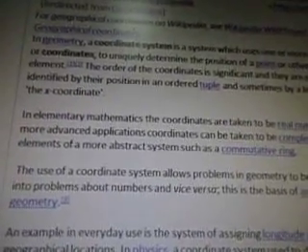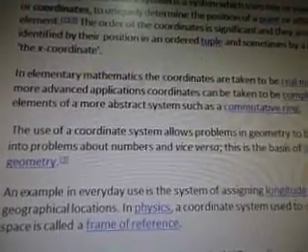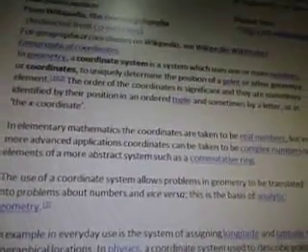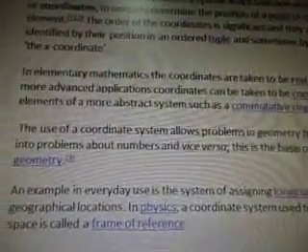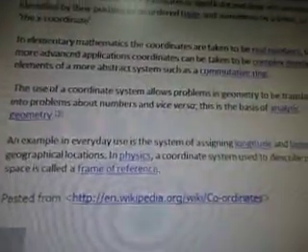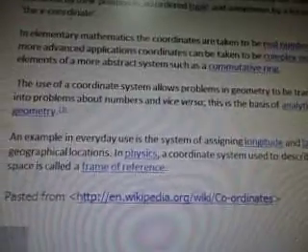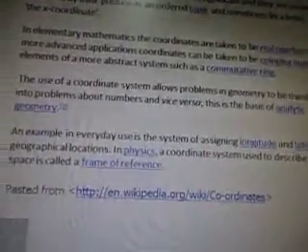The order of the coordinates is significant, and they are sometimes identified by their position in an ordered tuple, and sometimes by a letter, as in the x-coordinate. In elementary mathematics, the coordinates are taken to be real numbers, but in more advanced applications, coordinates can be taken to be complex numbers or elements of a more abstract system, such as a commutative ring.